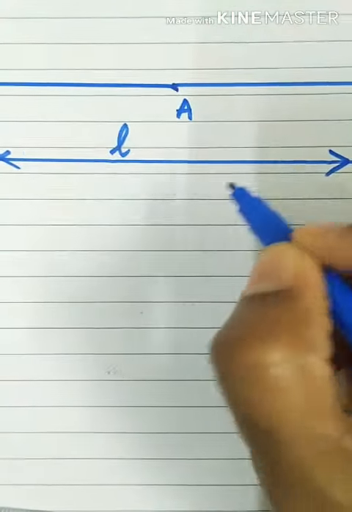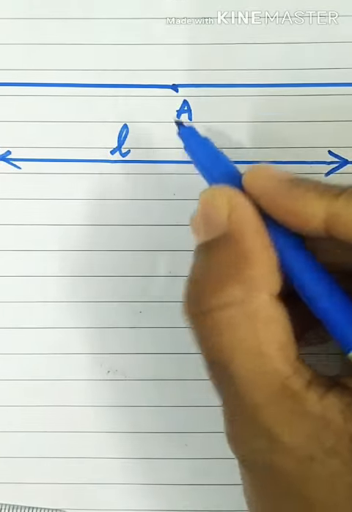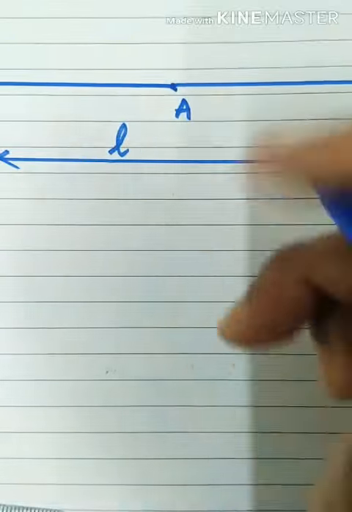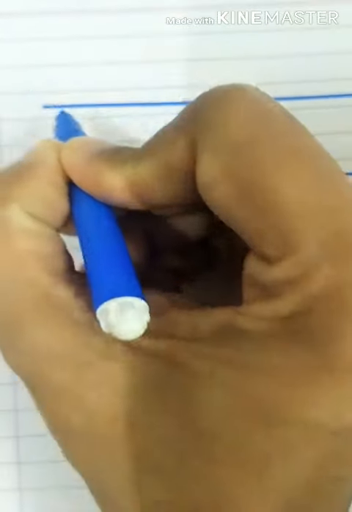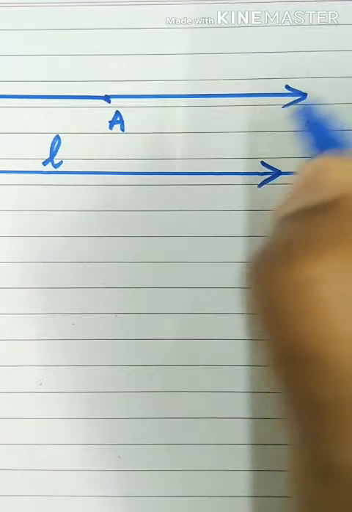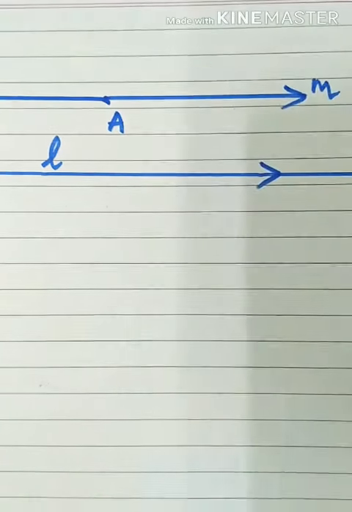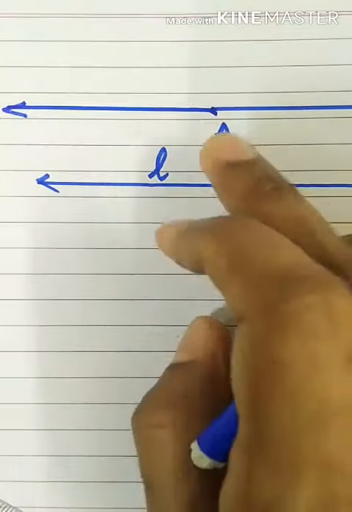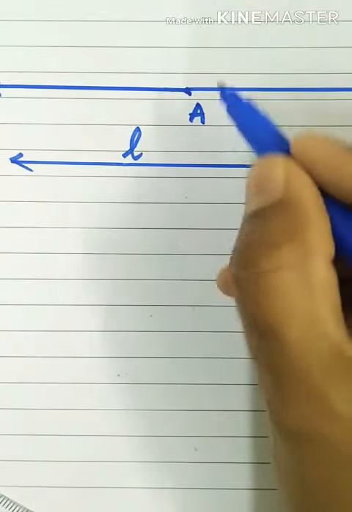So now as you can see, we have a line which is passing through point A. This we will rub off; you have to do it with pencil. So we have this line which is parallel to line L. We will name it line M, and it is passing through point A. So both are parallel lines.